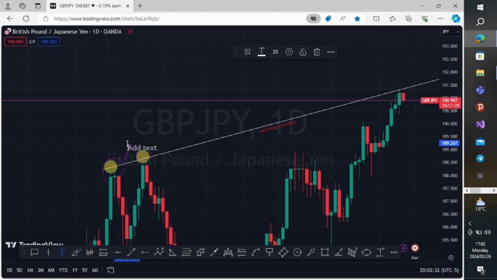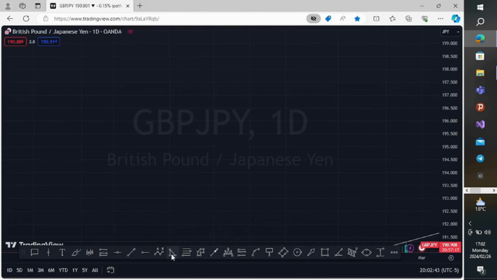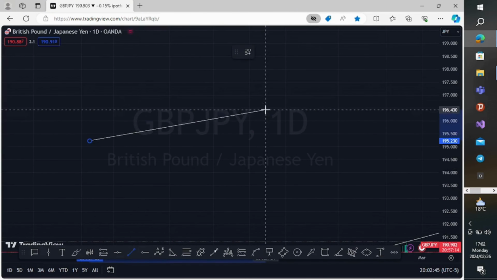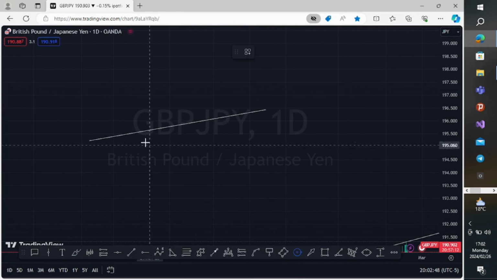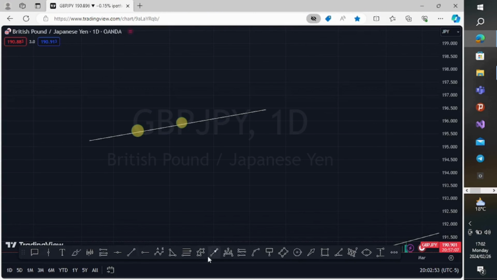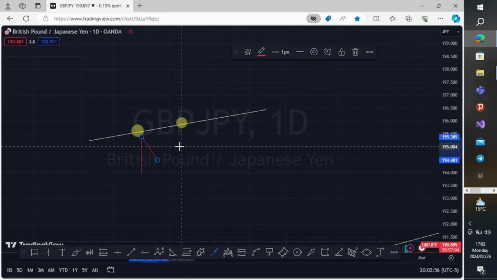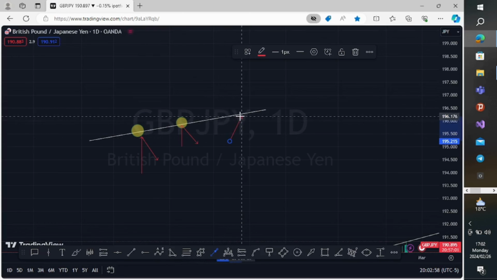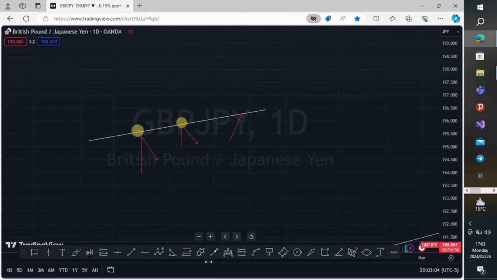And from my trading experience, this is a combination: if you have a resisting trend line built upon a strong high and another strong high, price will respect that trend line as a rejection. So when it comes for the third touch, after the two references, it will definitely reject from there.